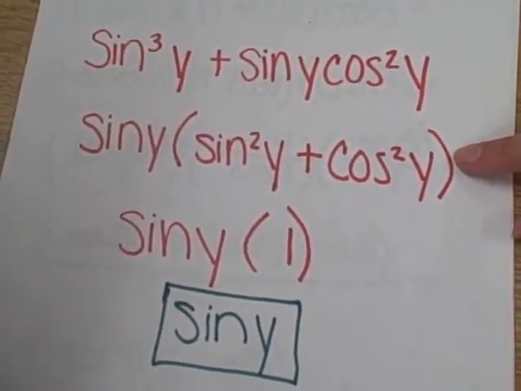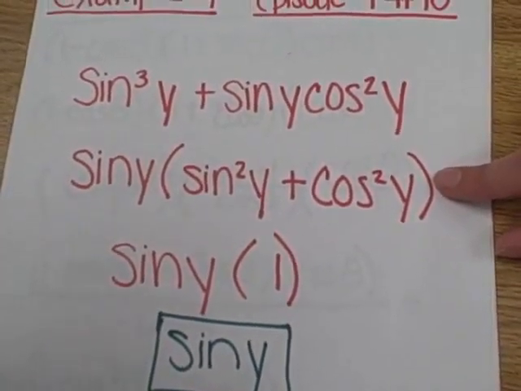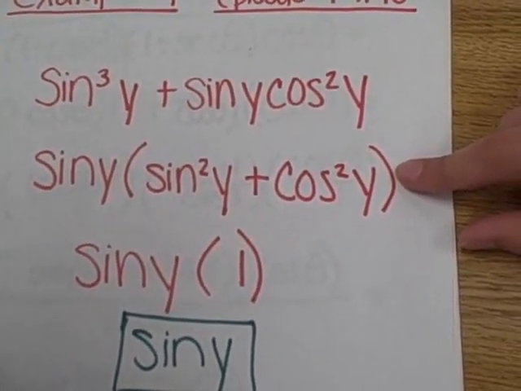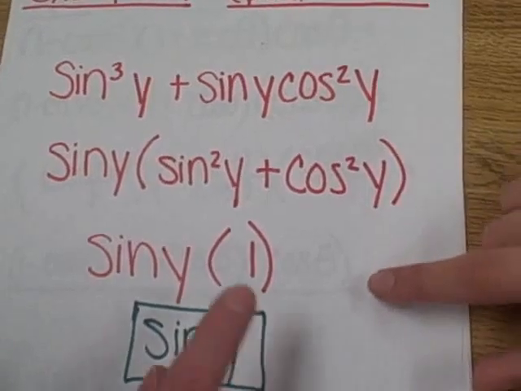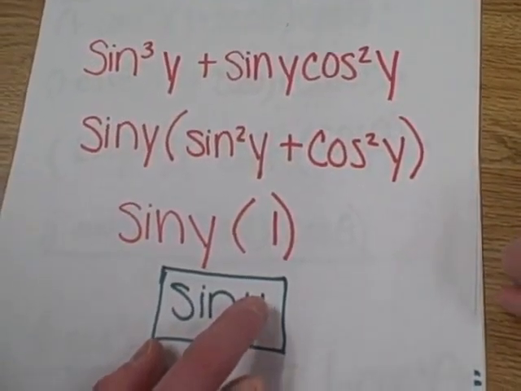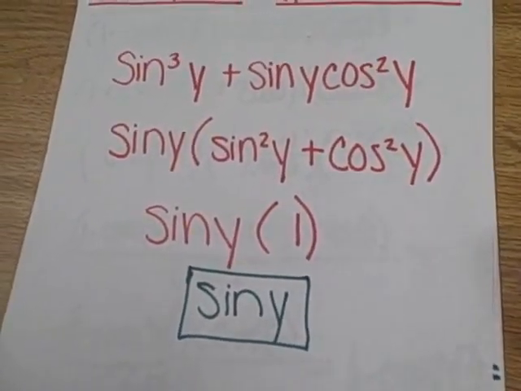When you look at the trig identities chart on page 458 in the book, you see that one of the identities allows you to rename sine squared y plus cosine squared y to 1, which we did. Now you have sine y times 1, which is basically the same thing as sine y, and that's your answer.